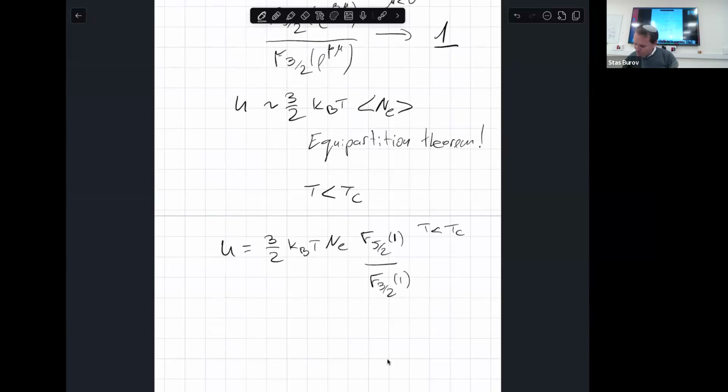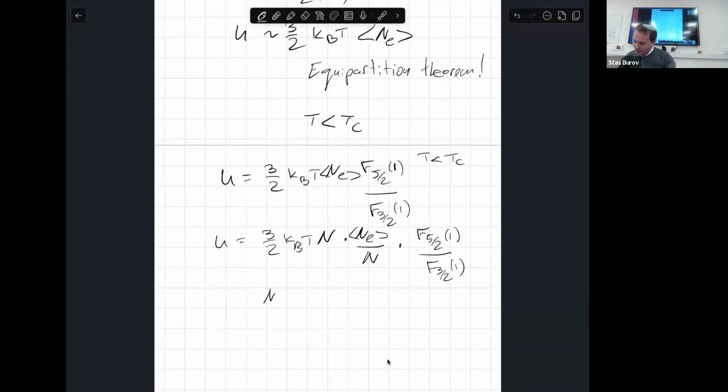So U equals 3/2 k_B T, and I will write down the total number of particles N, multiplied by N excited divided by N, multiplied by this prefactor F_{5/2}(1) divided by F_{3/2}(1). N excited divided by N, we know what it is. It is T divided by T_C to the power of 3/2.